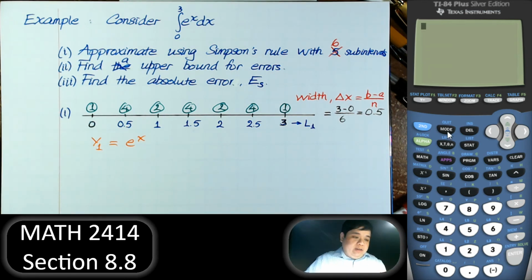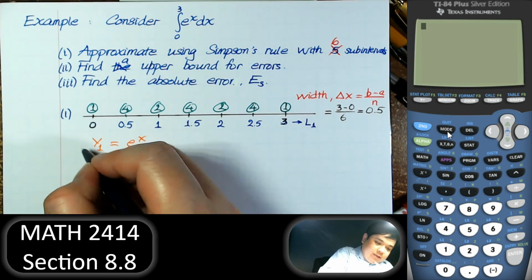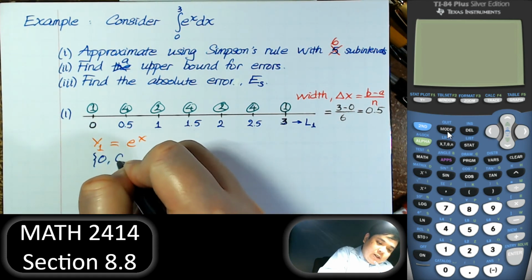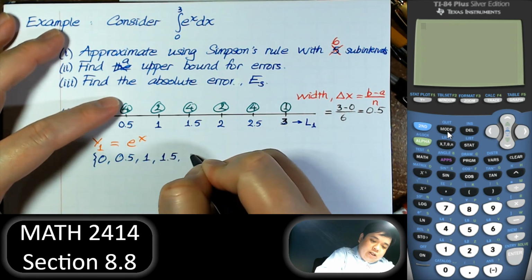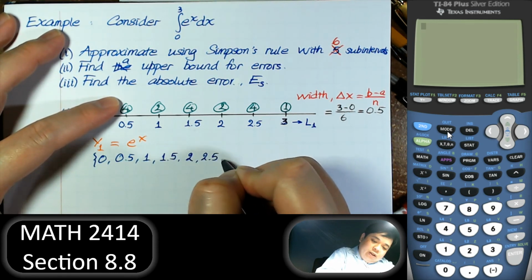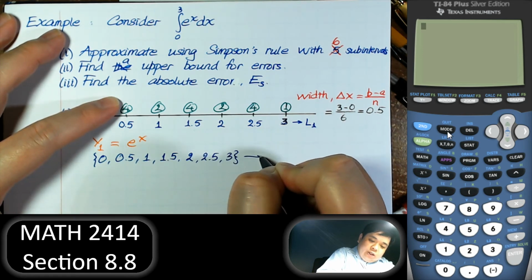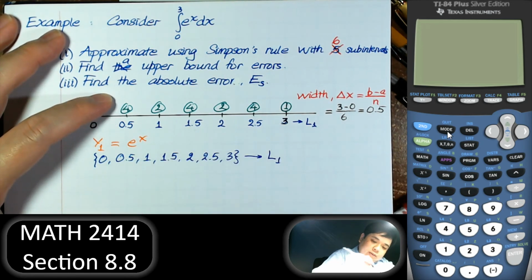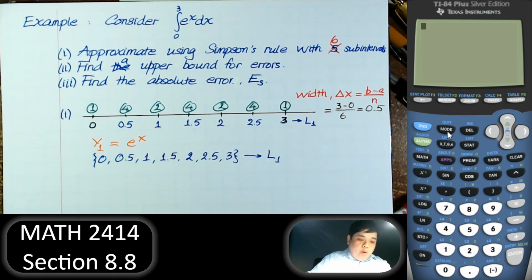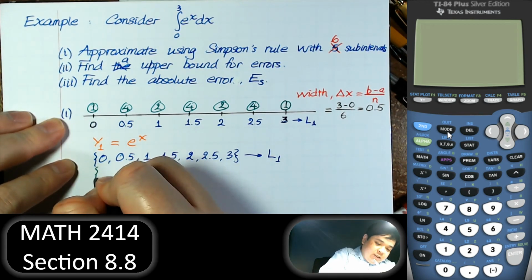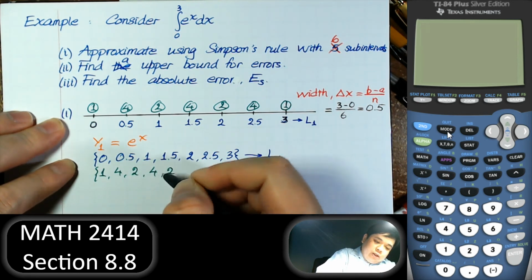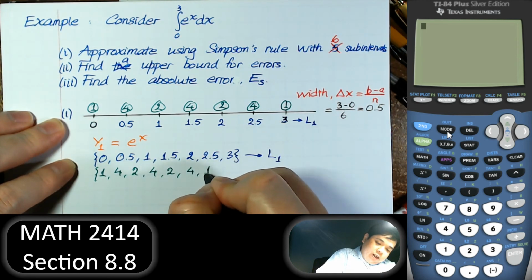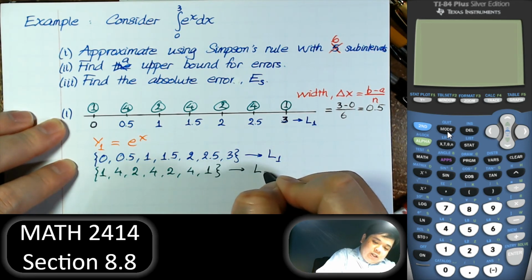And next we have list 1 and list 2. 0, 0.5, 1, 1.5, 2, 2.5, and 3. Store to list 1. And then the coefficients 1, 4, 2, 4, 2, 4, 1. Store to list 2.